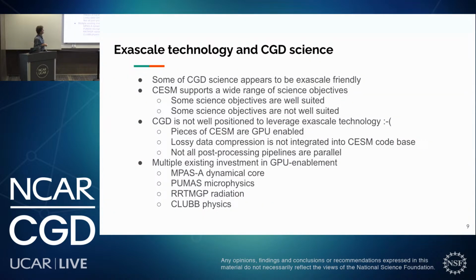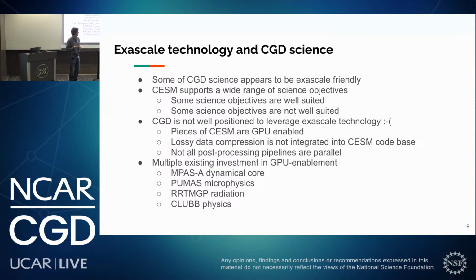Some CGD science appears to be exascale friendly. Not all of it is. And this is one of the challenges, I think, that CSM supports so much diversity of science that some of the science objectives are great fits for exascale and some are not. And we also found that CGD is not really well positioned at the moment to leverage exascale technology.